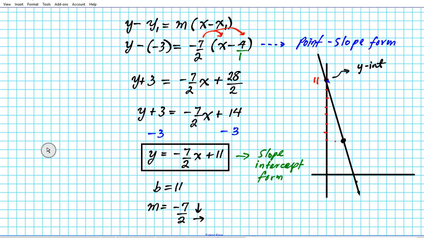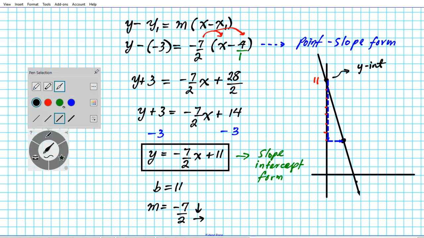So we're going to drop 7, -7, and run 2 units. So our slope, or rate of change, that's what we're asked to find, is given by, let's write it down, rate of change is from this triangle right here. So rate of change is equal to -7/2 because you're dropping -7 and you're running 2.